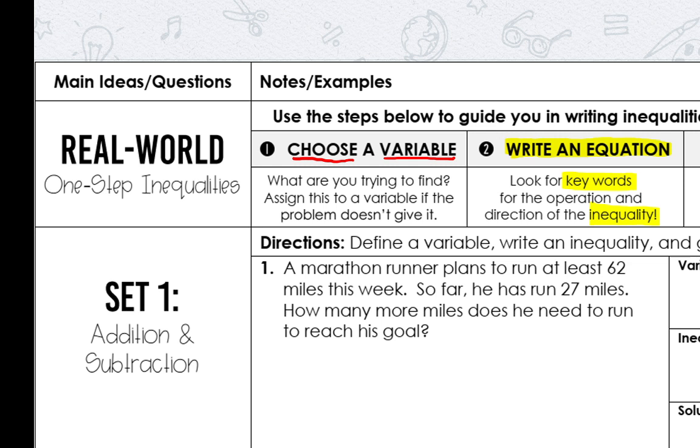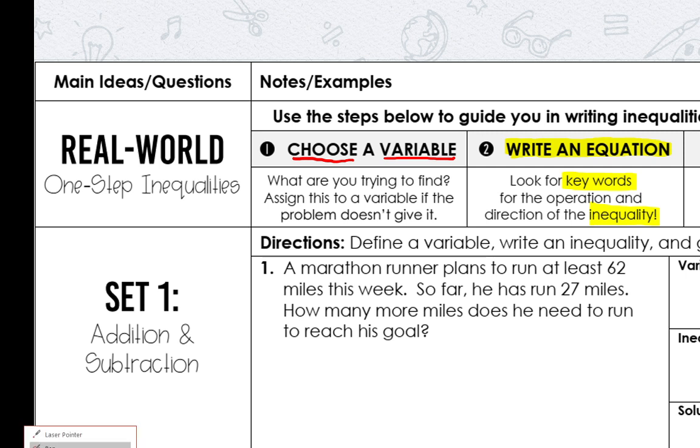Nice? Okay, let's go. I'll show you an example here. Set 1, addition and subtraction. When we have an addition or subtraction problem like that, the directions are: define a variable, write an inequality, and give the solution.